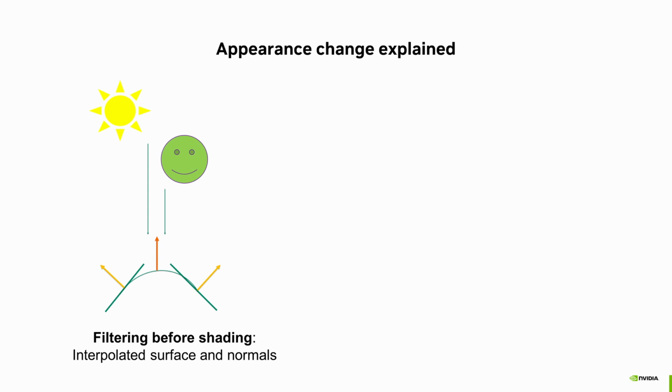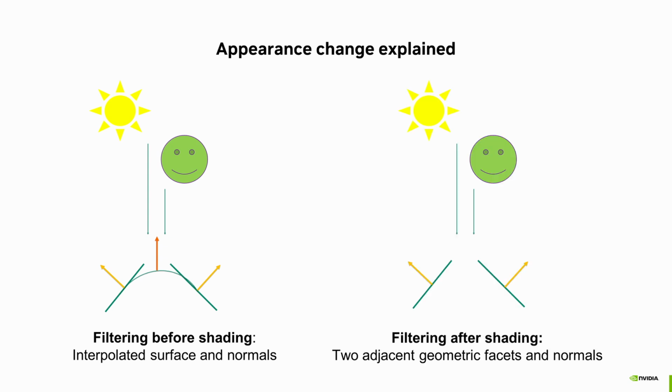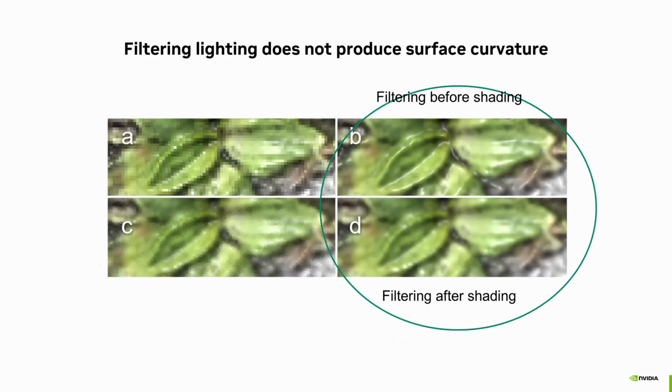With filtering before shading, the interpolated surface normal points directly towards the viewer and the light direction, producing a high specular localized peak. By comparison, filtering after shading evaluates lighting only at the directions present in the artist-authored normal map, and thus this sharp peak is never produced. We are filtering lighting values and not reproducing the surface curvature.